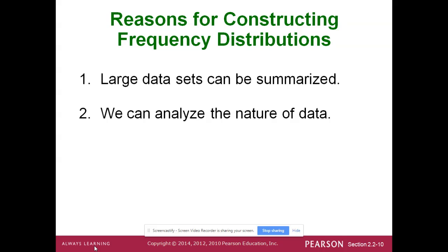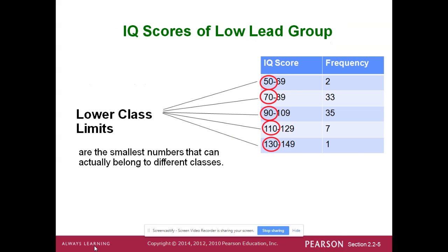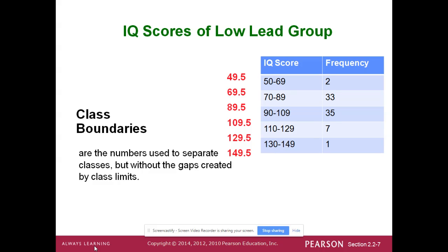We can analyze the nature of the data. If we can get a frequency distribution, we can get an idea of where most things lie. If you look back at the IQ table, where do most IQs lie? In the second and third class, right? That's easily seen there. If you had a spreadsheet full of everybody in the school's IQs, you couldn't make that generalization really fast.